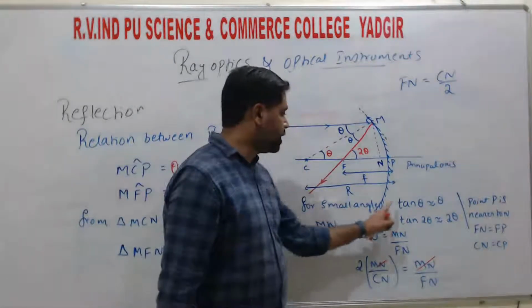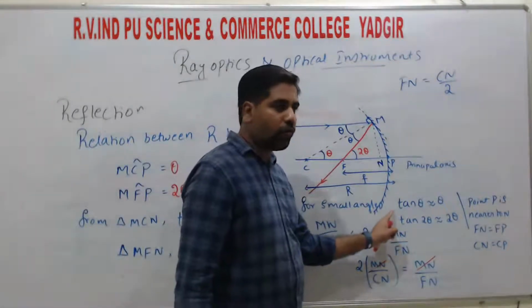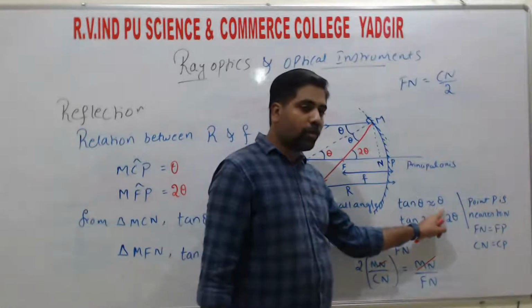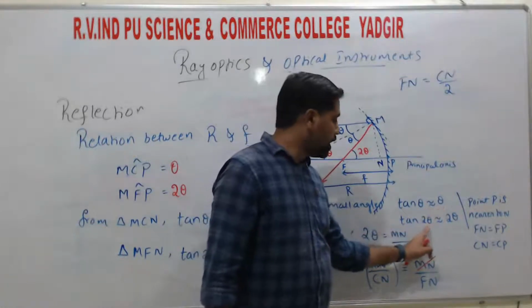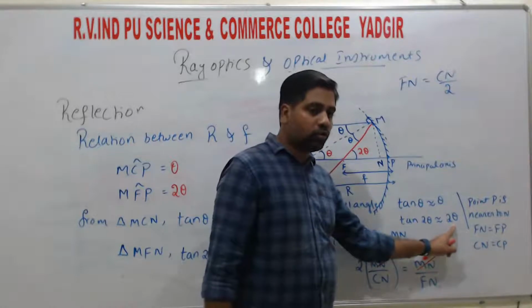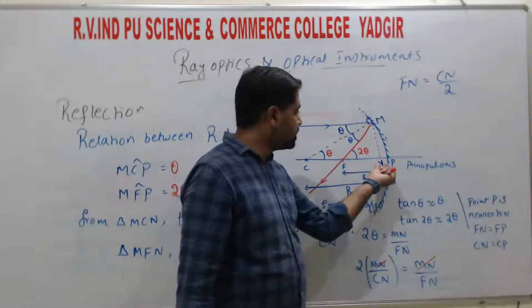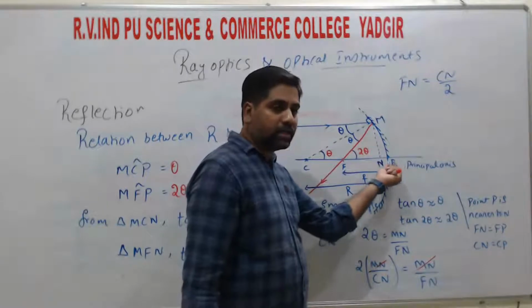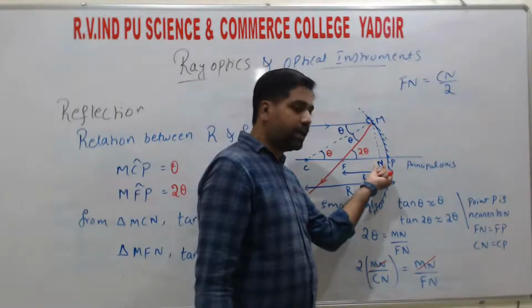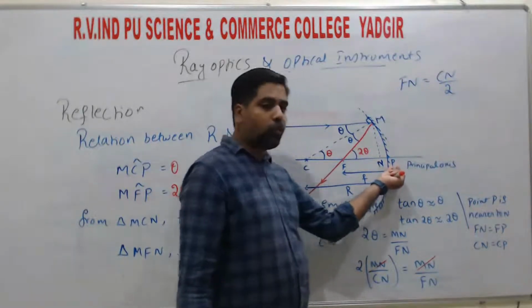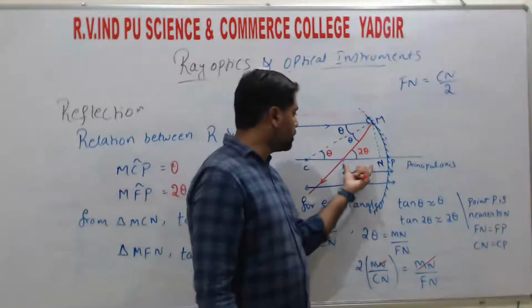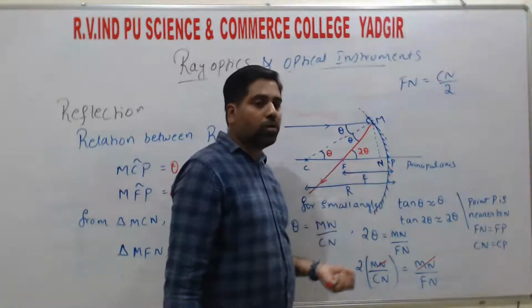So for small angles we are writing two conditions. One condition is tan theta is approximately equal to theta, tan 2 theta is approximately equal to 2 theta, and as this angle is very small, this distance is very small, a negligible amount. So hence point N is approximately equal to point P. So for that reason FN is almost equal to FP.